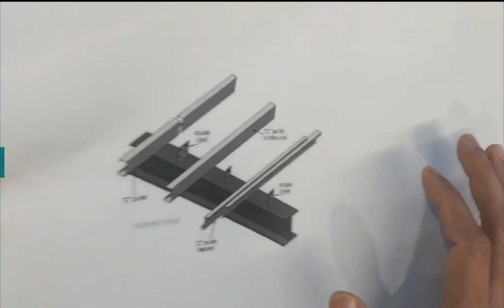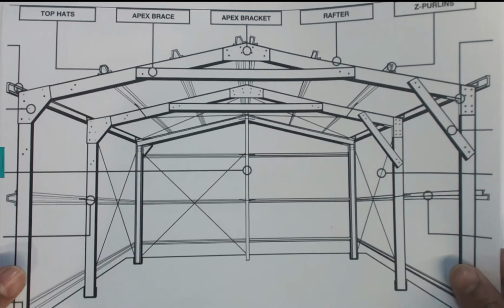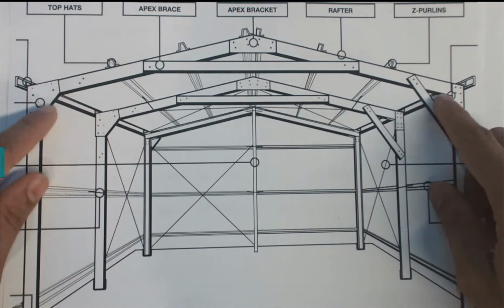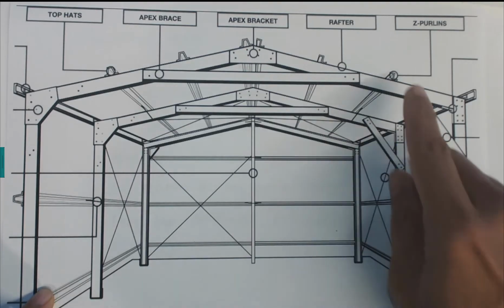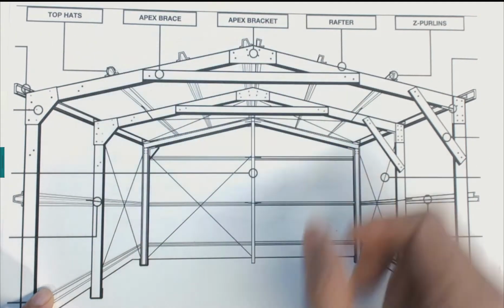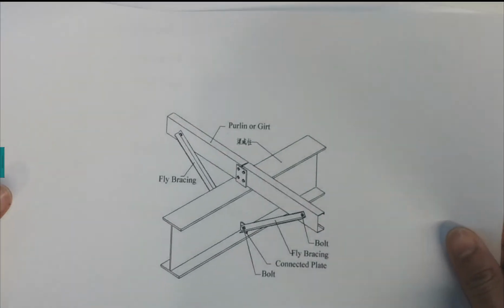I have another picture here in the 3D view. If you are considering this scenario here, as you can see, these are the rafters, these are the columns, and in those rafters you can find those purlins. So these are the purlins that prevent the rafter from laterally buckling. We also have fly braces. I can show the fly braces here in another example to prevent that buckling.